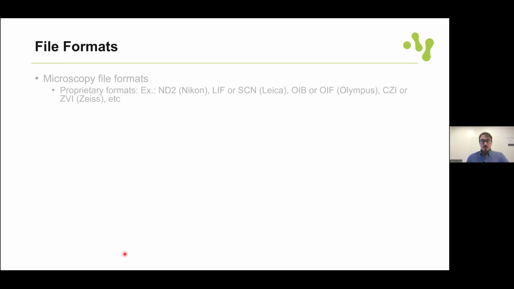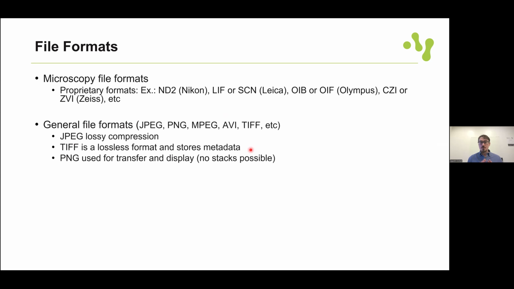Yeah, so most of the metadata is stored if you're using a proprietary format from the company that sold you the microscope. So we have ND2 for Nikon, LIF for Leica, OIF for Olympus, CZI for Zeiss, etc. But there are other general file formats that you've also seen yesterday. JPEG, for example, usually has a lossy compression, so you will lose information if you save it as JPEG.